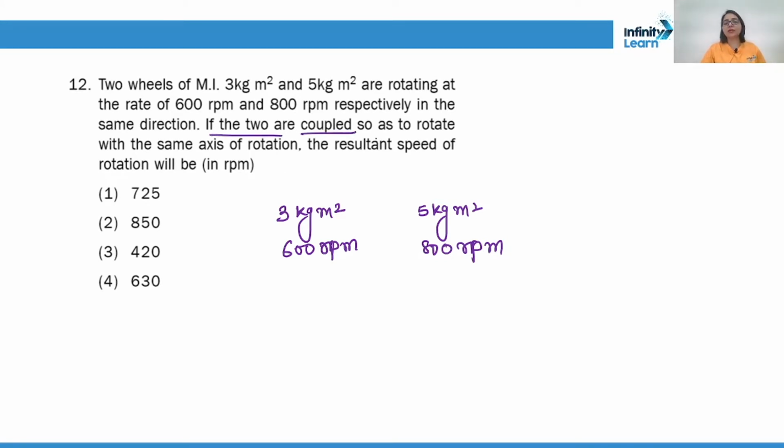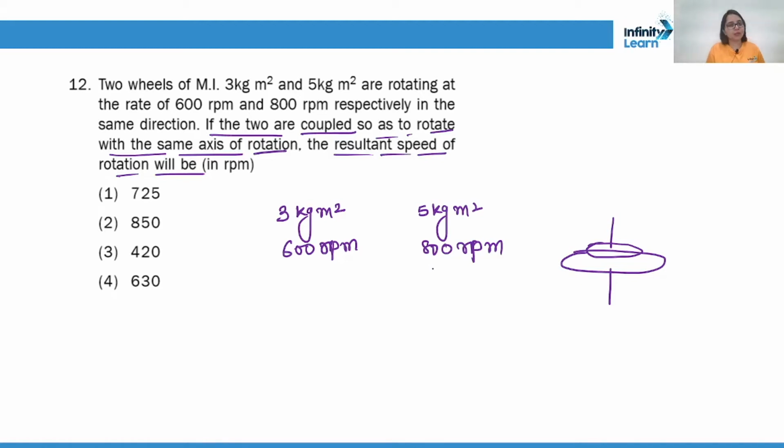If the two are coupled so as to rotate with the same axis of rotation, the resultant speed of rotation will be in RPM. So basically we have two wheels coupled in such a way that they are rotating about the same axis. So in this situation, net torque about the axis of rotation is 0. That is why you can conserve the angular momentum of this setup about the axis of rotation, right?